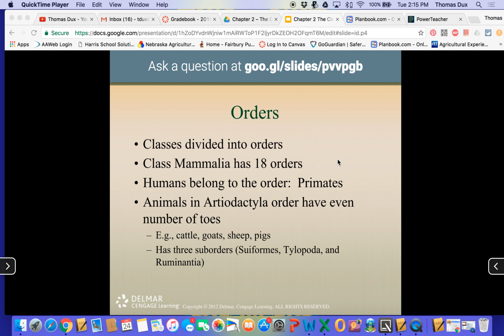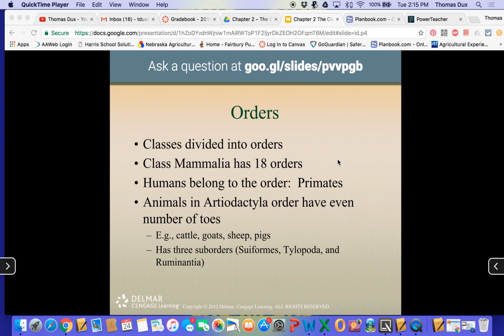Common characteristics of animals in the suborder Ruminantia are that they chew a cud and have several compartments to their digestive system, which allows them to eat grass, hay, and other roughages, like alfalfa. Nice job.